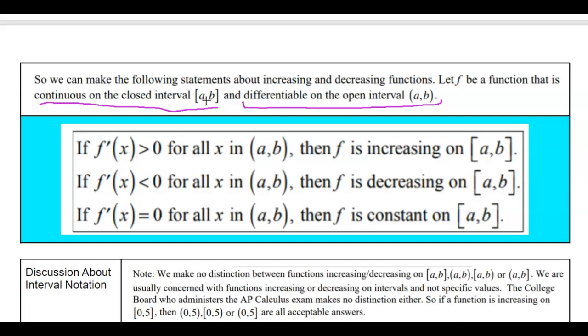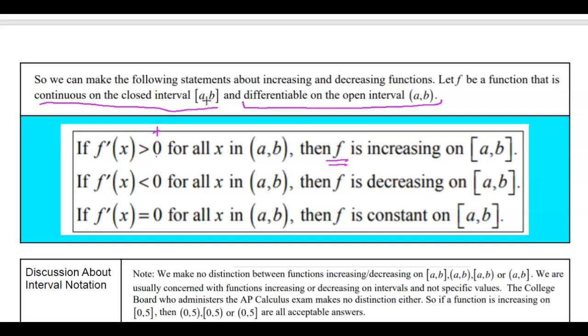If our derivative is positive for all x on the open interval, then the original function is increasing on the same interval. Notice, if the derivative is positive, that means the original y values are increasing. Be very clear in your notation and your words, because if you don't say that clearly, it's incorrect.